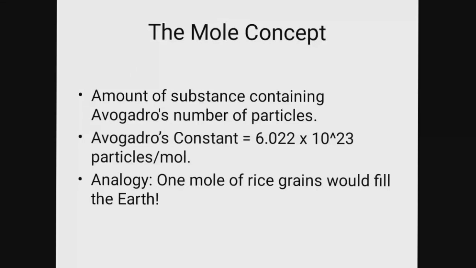This mole helps us to group these atoms based on the Avogadro constant. One mole is equal to 6.022 exponential 23. Just as one crate of eggs contains 12 eggs, one mole contains 6.022 exponential 23 particles per mole.